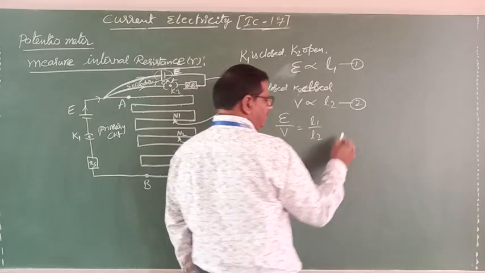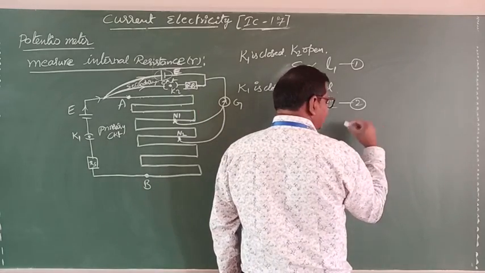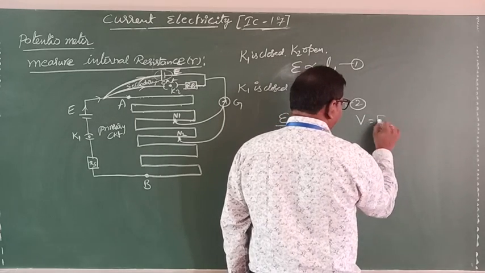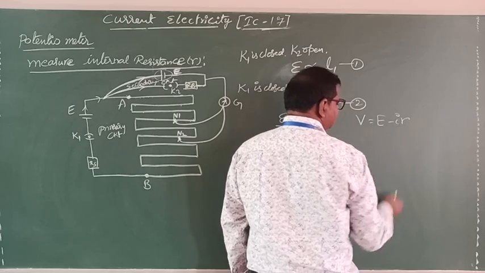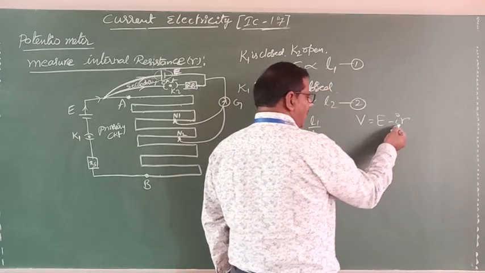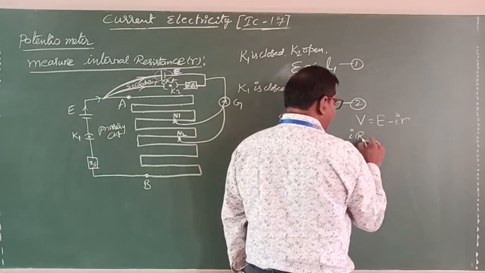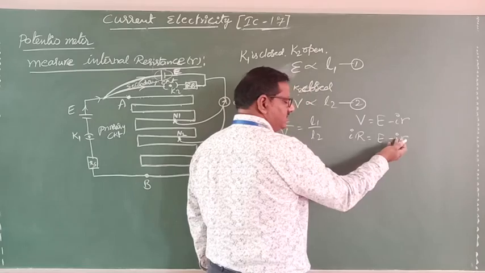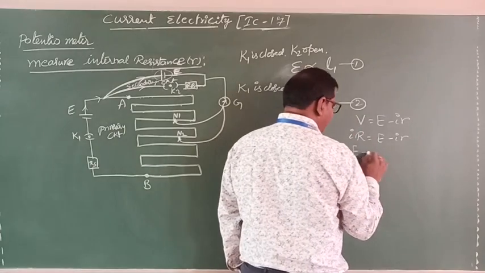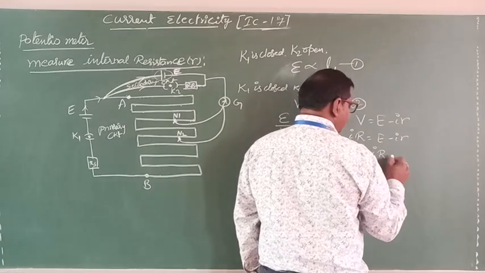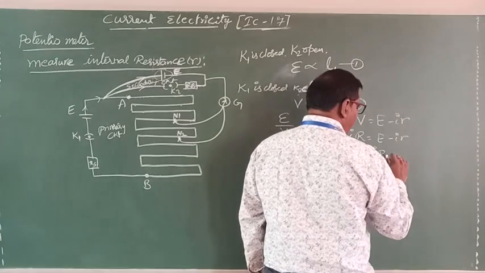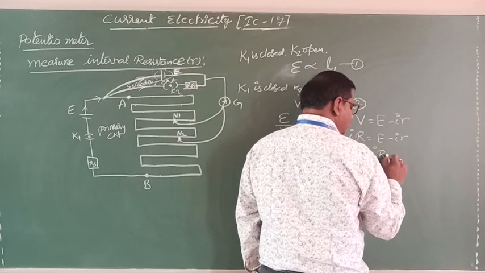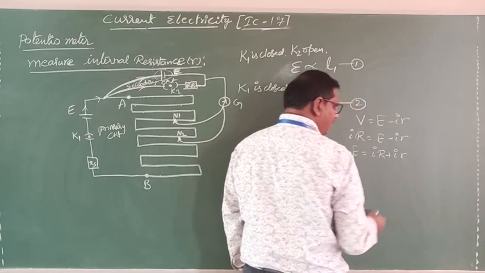Already we know that terminal potential V equals E minus Ir. Now I write I into capital R equals E minus small I into small r. Clear? This Ir, take to this side. Then E equals I into capital R plus I into small r.